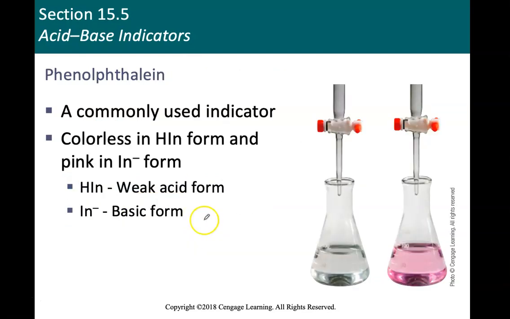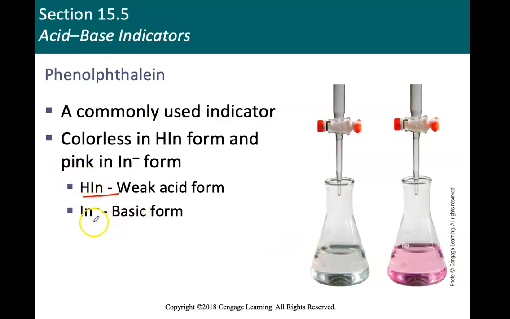So this is a typical titration setup. When you have an acid and a base titration, phenolphthalein is often used as an indicator. Phenolphthalein is colorless in the acidic form, which is the molecular acid.